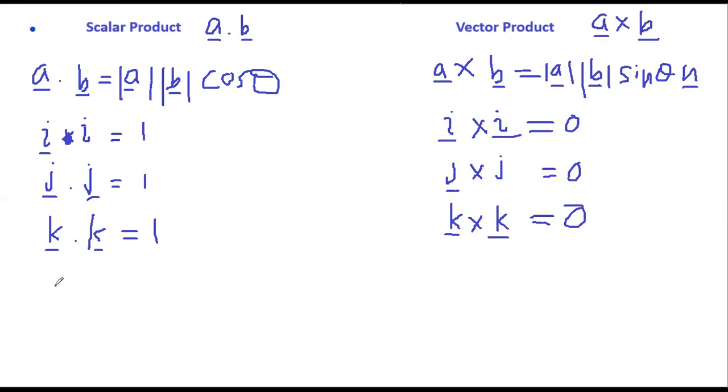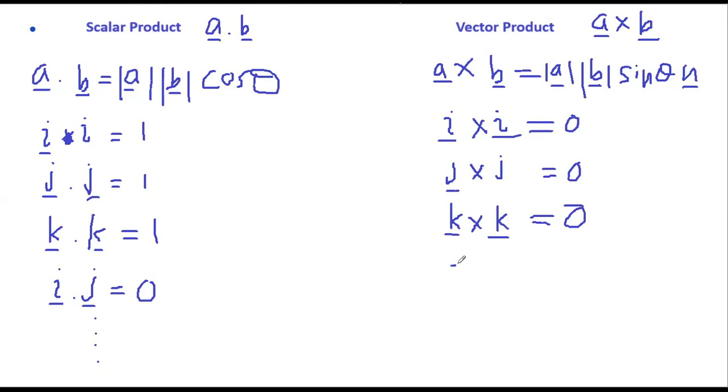Other than that, any other scalar product equals 0: I dot J, J dot K, K dot I like this.